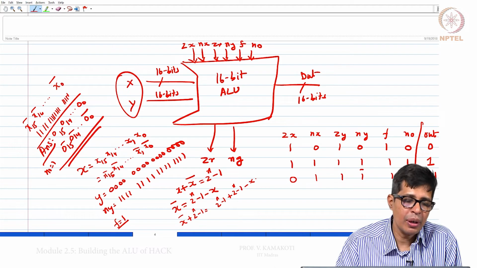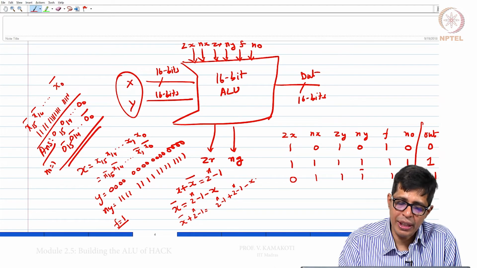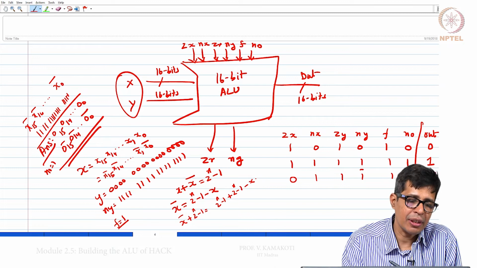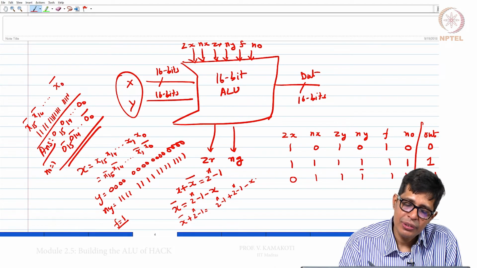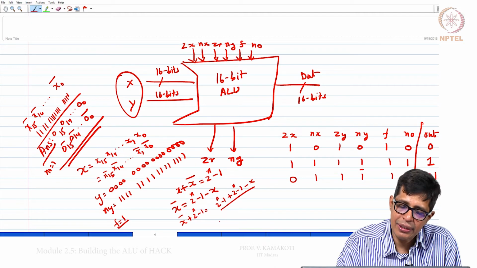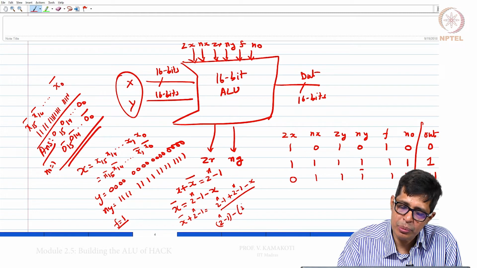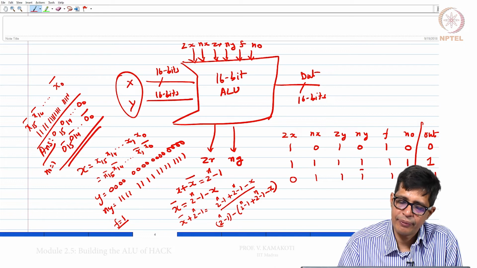Again, whatever answer I get out of this, x complement plus 2 power n minus 1, that again I am inverting. So, when I invert this, again I will get 2 power n minus 1 minus of 2 power n minus 1 plus 2 power n minus 1 minus x.